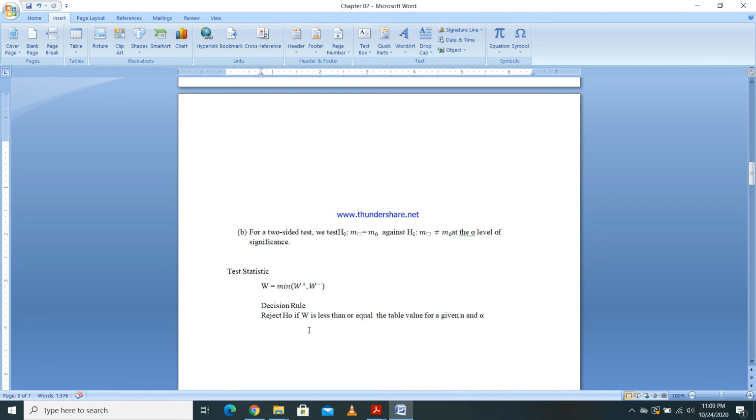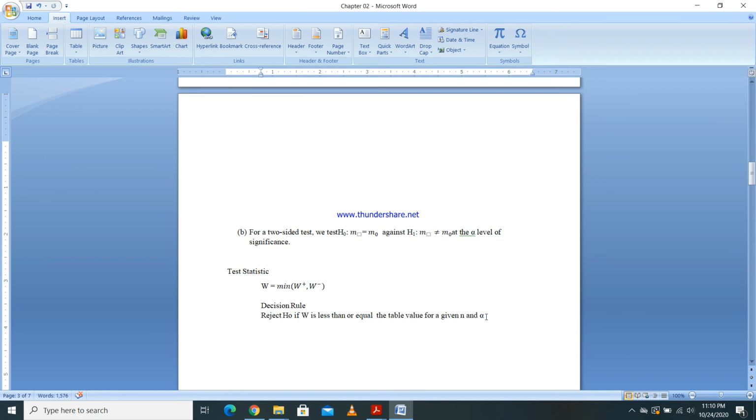In this case, I will denote it as W because we never know whether that is W plus or W minus when it comes to the two-sided test. So you check your test statistic value, and if it is less than or equal to the table value, we have to reject H naught.